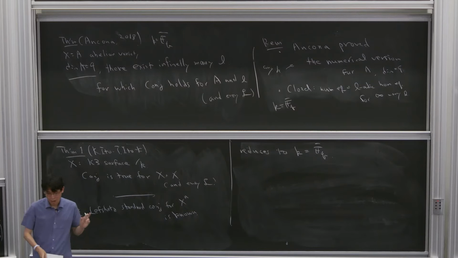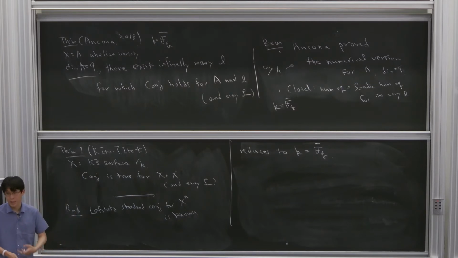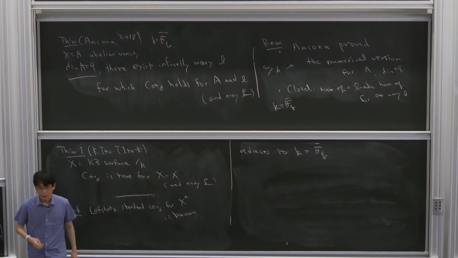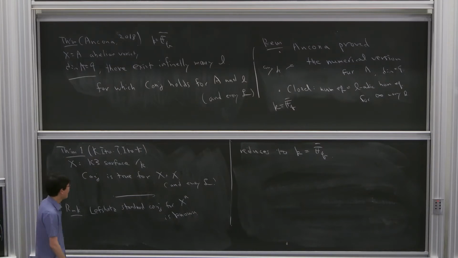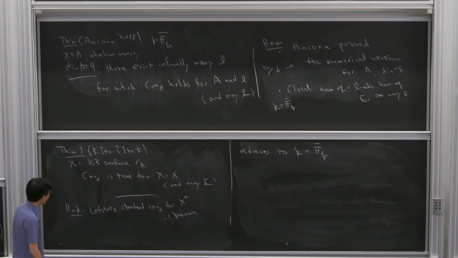And in this setup, we have some results on the Tate conjecture and cycle lifting. And that is the basis of our work. This is just a continuation of our previous work, or maybe we could have realized it sooner.